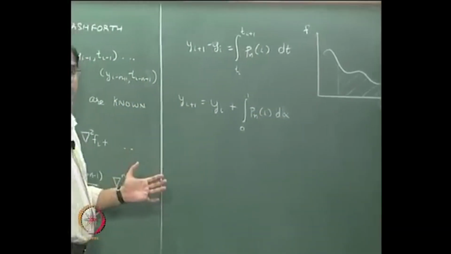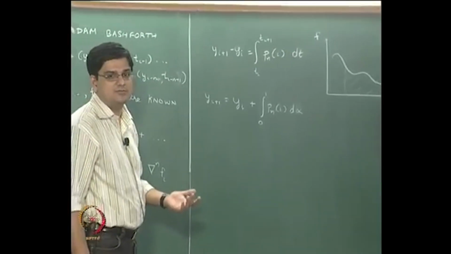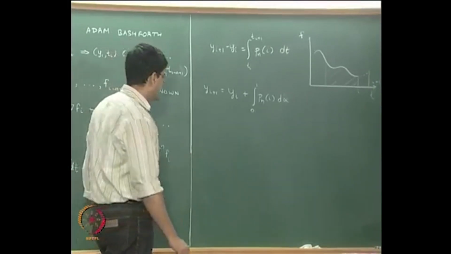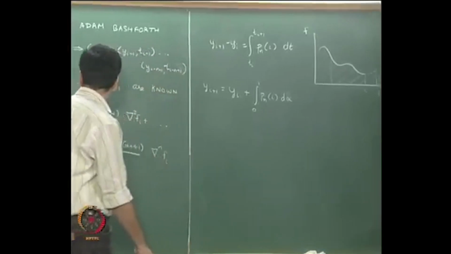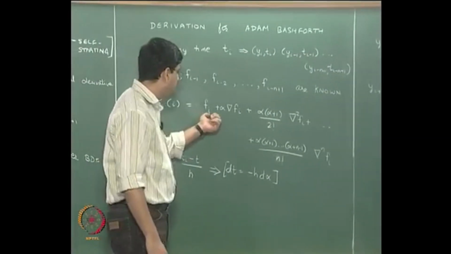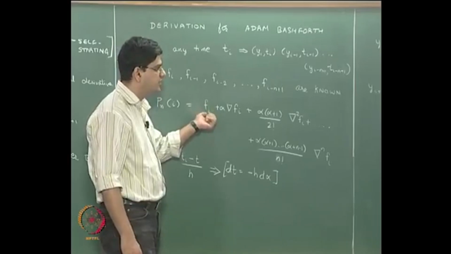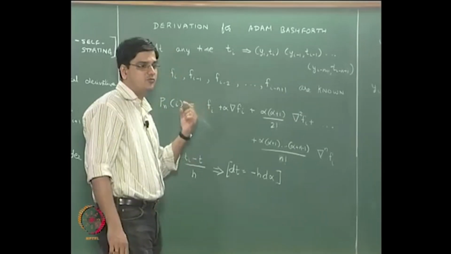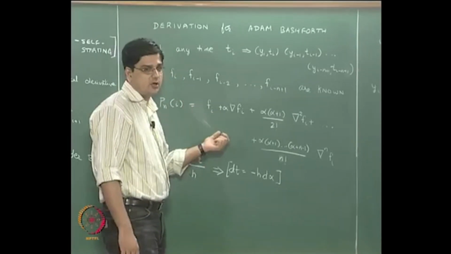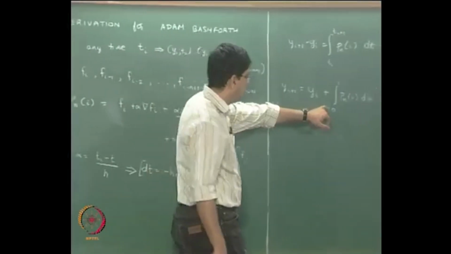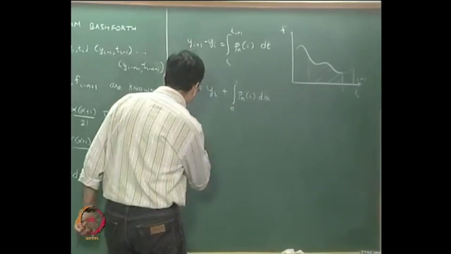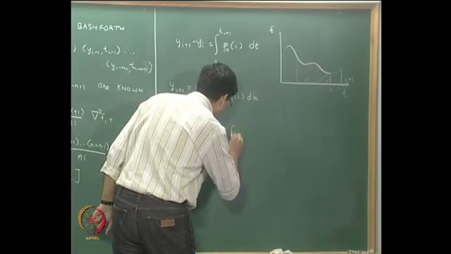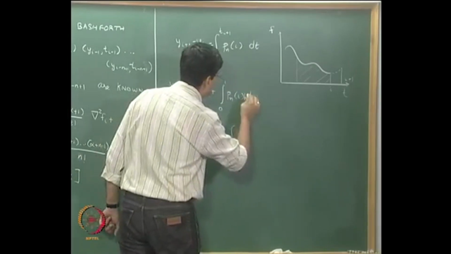Okay. So, now let us look at the first order Adams-Bashforth method. The first order Adams-Bashforth method is going to lead us to nothing but the Euler's explicit method. So, the first order Adams-Bashforth method basically is going to be that we will be left only with fi, okay, which means we are only going to use one previous point fi. So, if we were to put this over here, what we are going to get is y i plus 1 equal to y i plus h multiplied by the integral, so this should be h d alpha.